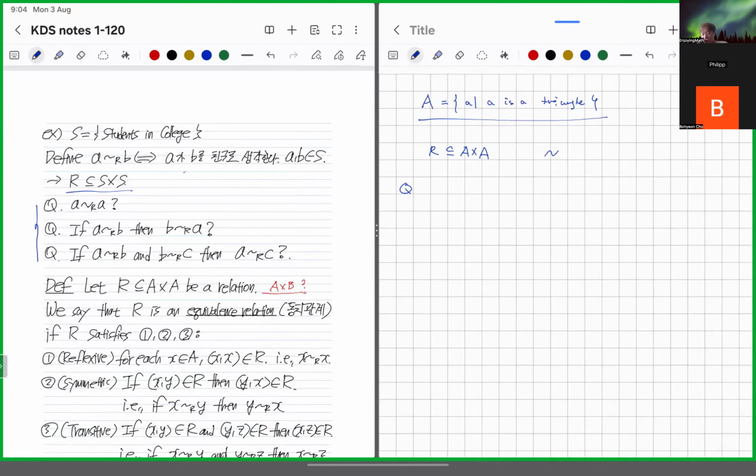Instead of reading the first line as A tilde RA, I say A is equivalent to A. But when I'm using the word equivalent at this stage, I am already assuming that it is an equivalence relation, which is kind of wrong.